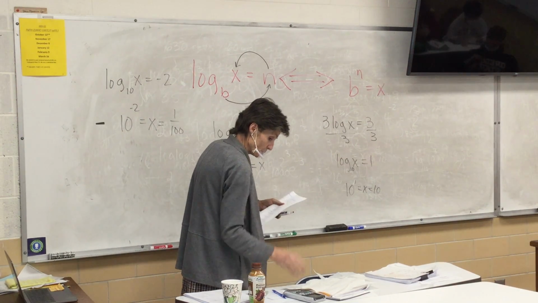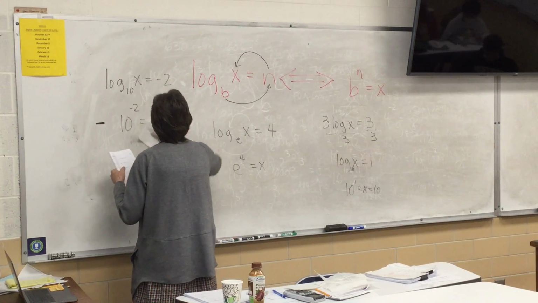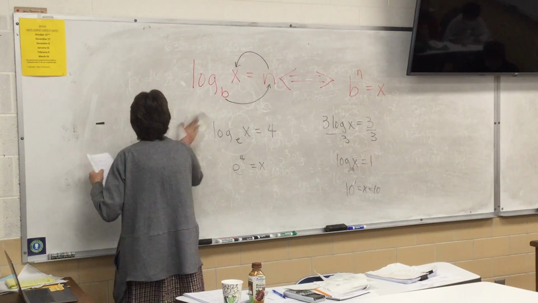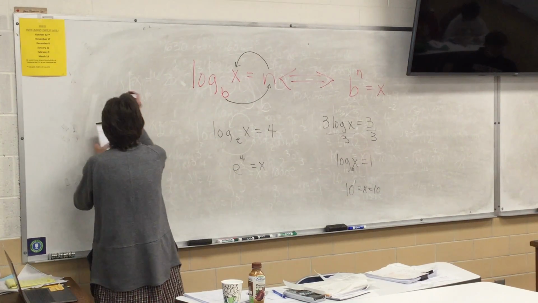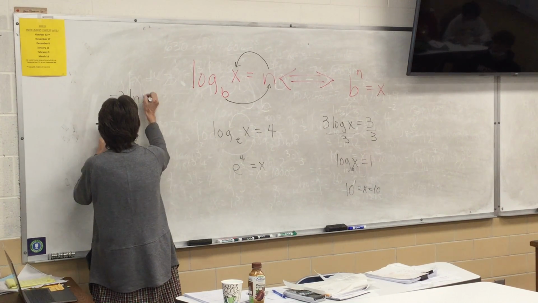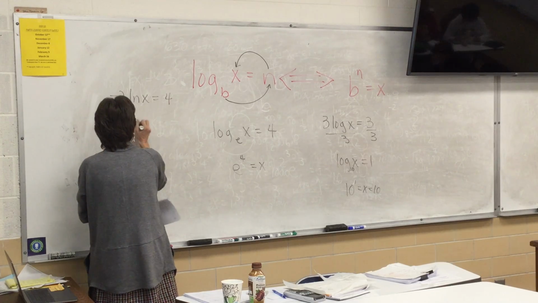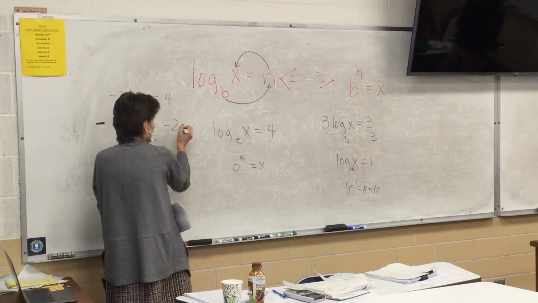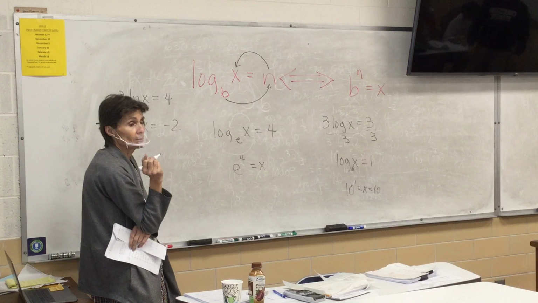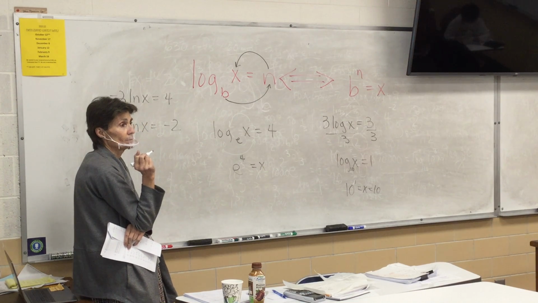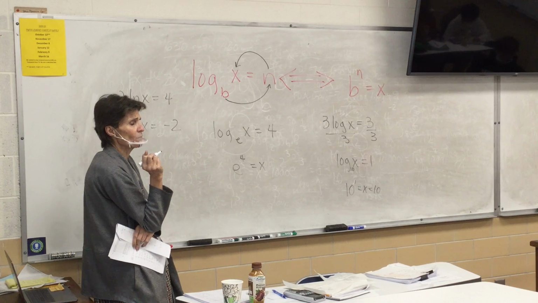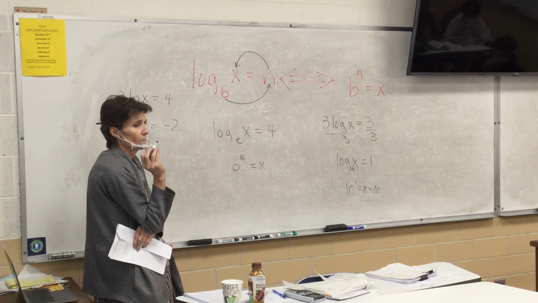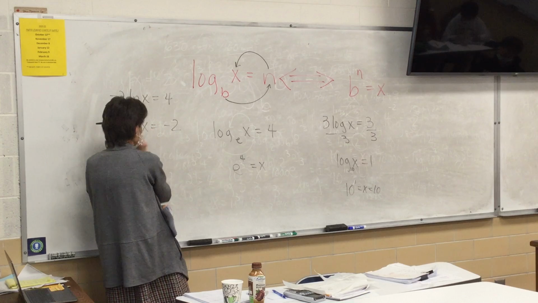All right, what are we going to do with G? You cannot loop-de-loop if there's a number in front. So we're going to have to take care of that number. So ln x equals -2. What's ln stand for? Log base e.